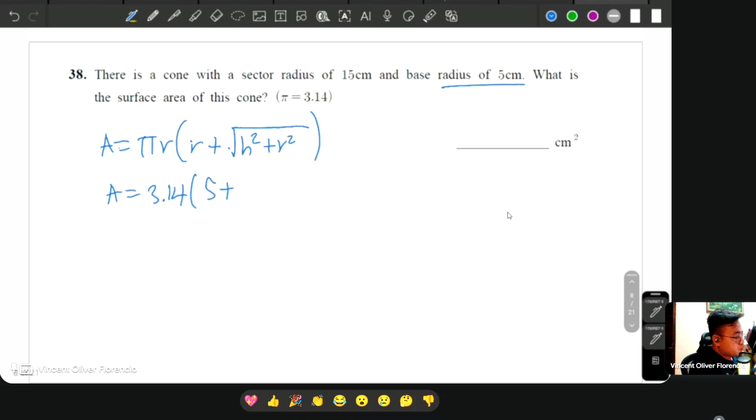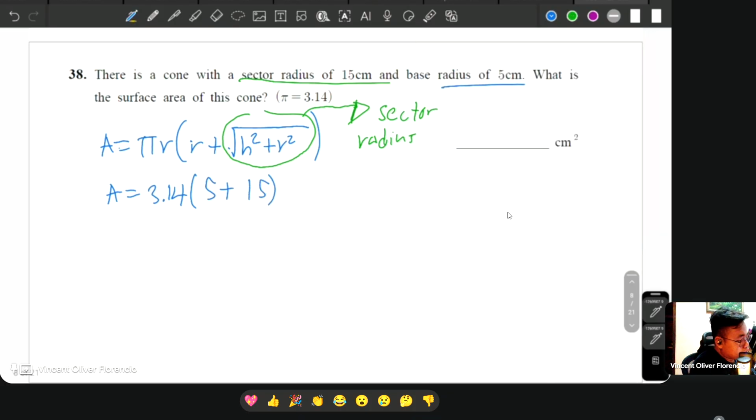Take note here that it says the sector radius is already 15. This portion here is what we call the sector radius portion. So if our sector radius is 15, this should be 15 here.